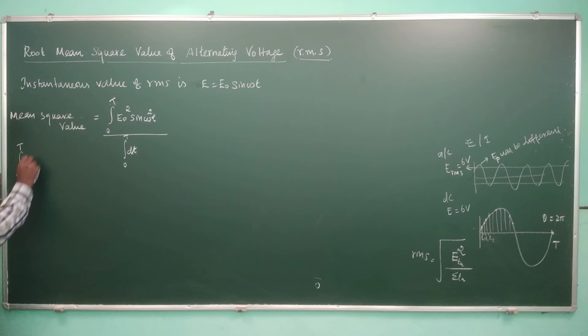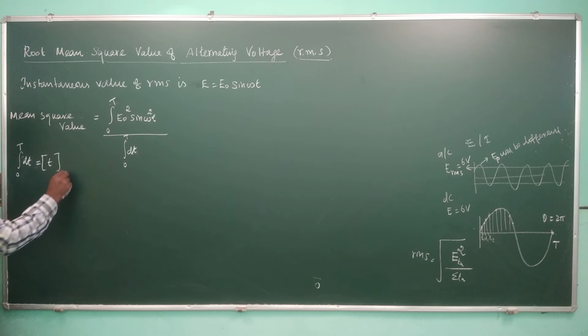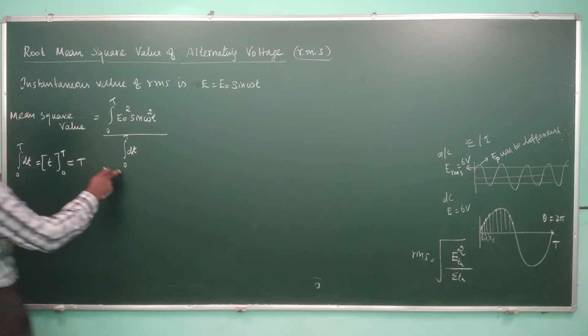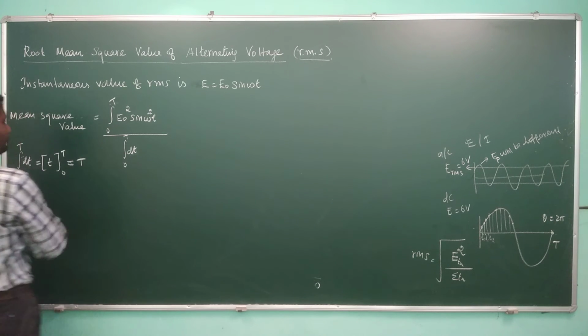If you integrate dt, you will get t. So you apply the limits, upper limit T and lower limit 0, so that 0 to T dt becomes T.